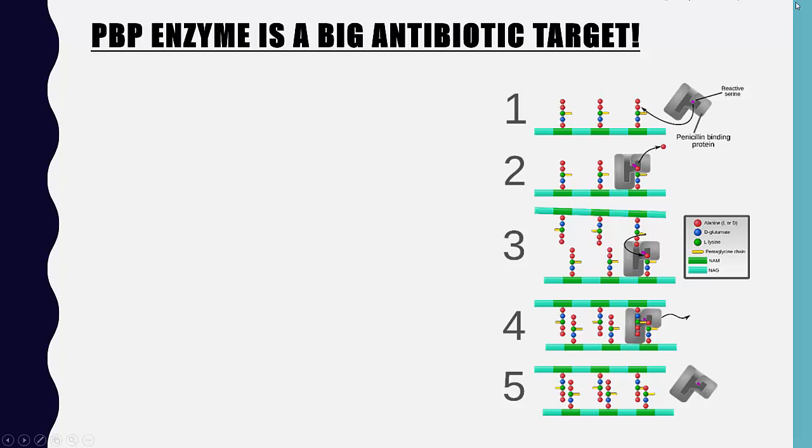All right, so now let's talk about a little enzyme that makes peptidoglycan. Why is peptidoglycan so important anyway? This cell wall material made up of peptide chains and glycan sugar bars. I mean, what's the big deal?